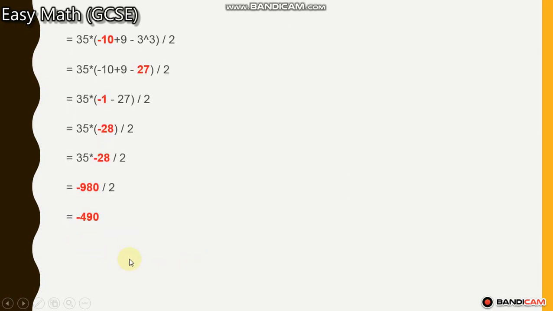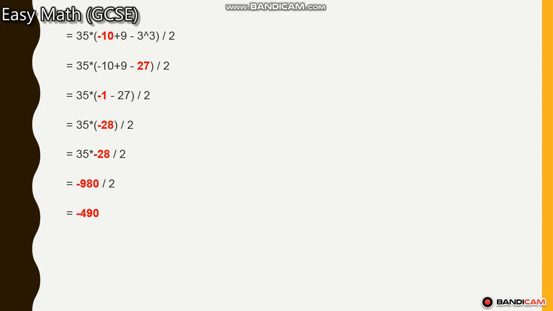Now continue. 35 times the completed value negative 10, which is 5 times negative 2. After that, if we go by the steps, 3 raised by 3, or 3 cubed, will give you 27.